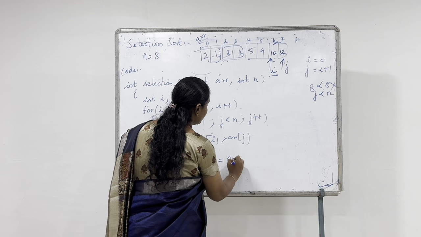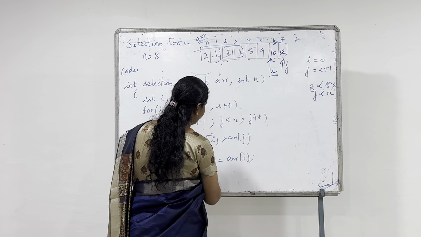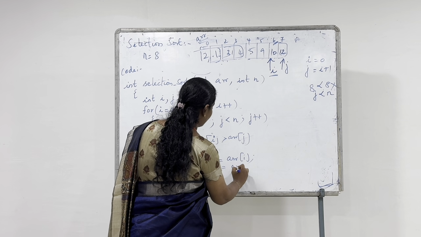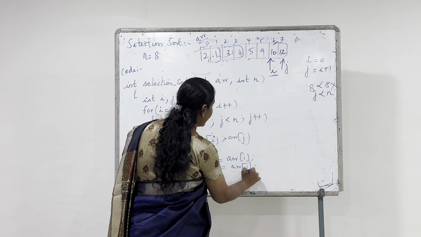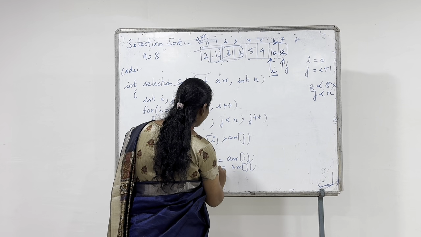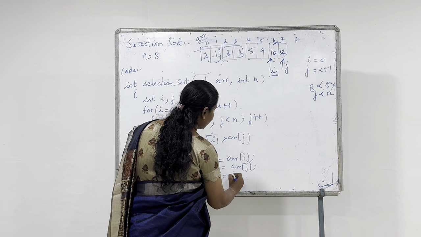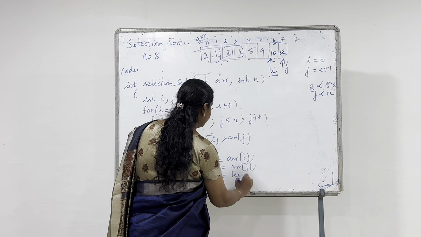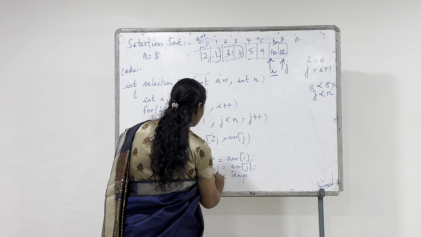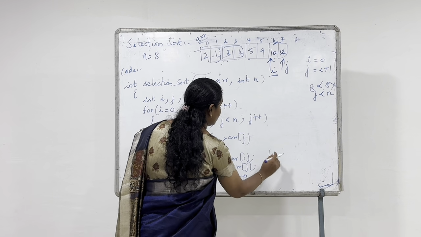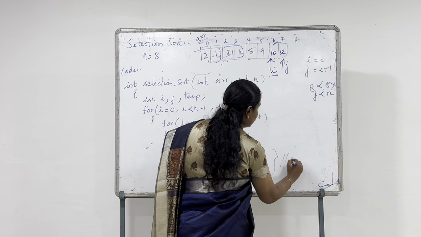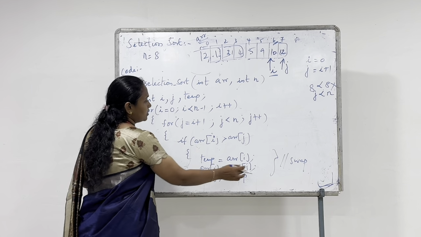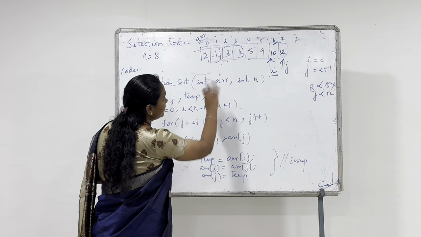In temp I am going to store array of i, and then I am going to store array of j value to array of i, and then temp to array of j. So this is where the swapping is happening. Here the swapping is done.